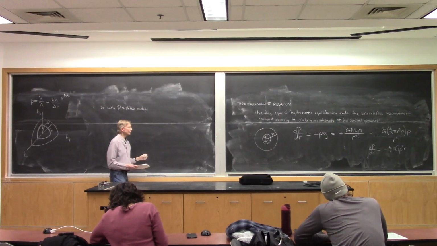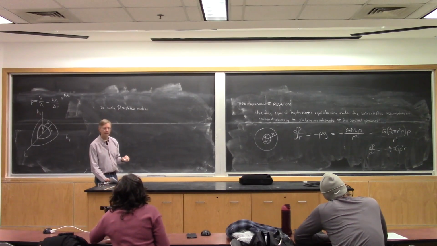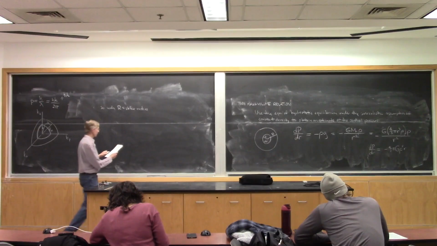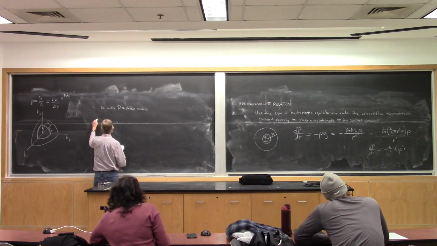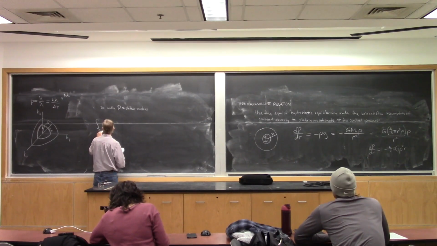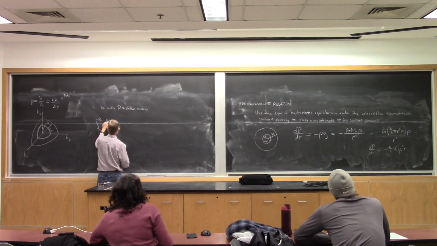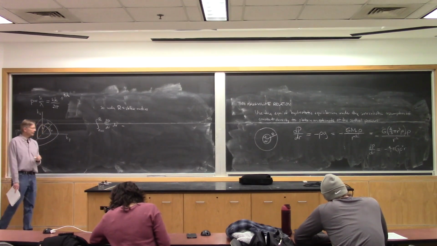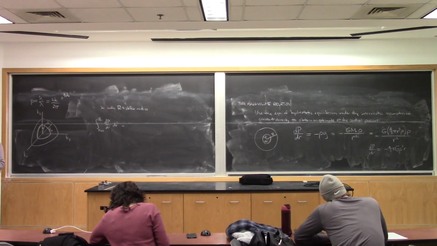Now it's time to integrate. We'll integrate dp dr. So the integral from little r equals 0 to capital R of dp dr. Like any self-respecting function, if you integrate their derivative, you get the function.